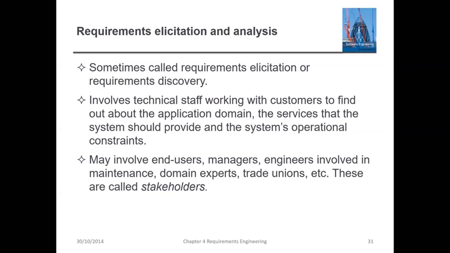All these things they are going to provide. And once these things are done, from this information the constraints have to be decided. Constraints means what kind of operational constraints there will be, which is decided out of your application domain.